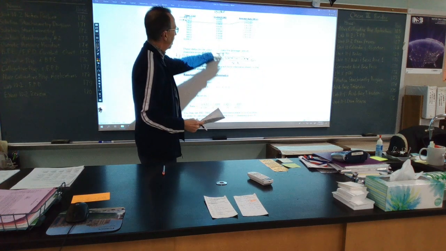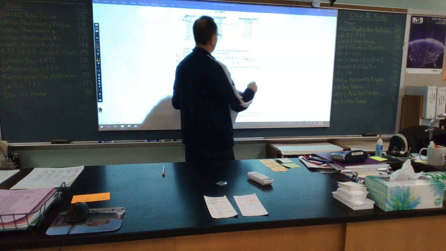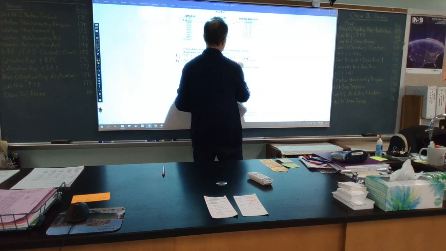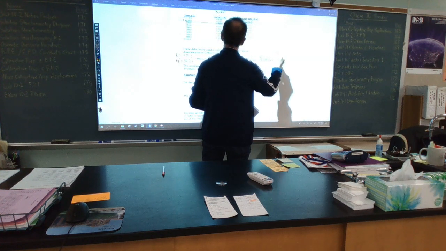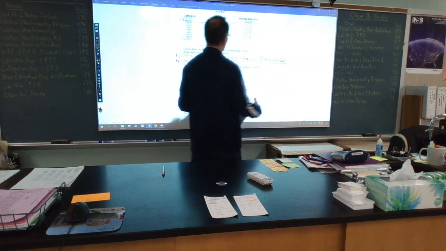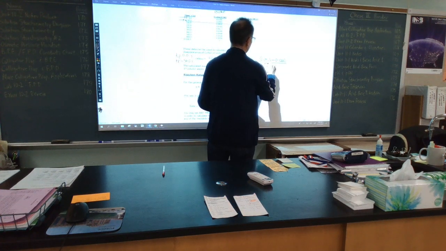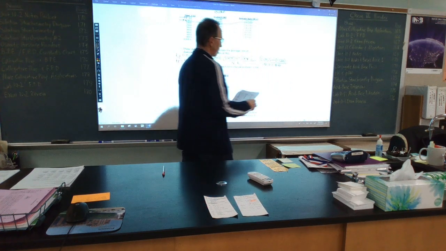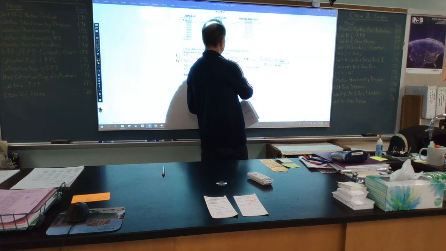So our final concentration, which is this one, is 0.0905, so this would be negative 0.0905. Our initial concentration is 0.100, and T final is 50.0 minus 0. So we have, remember, this negative sign is here.